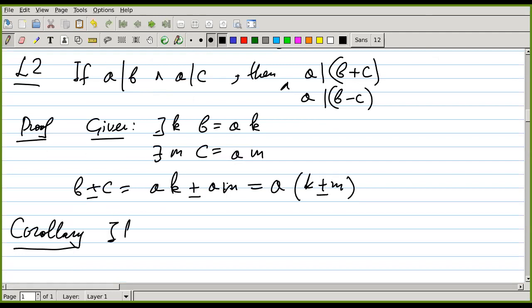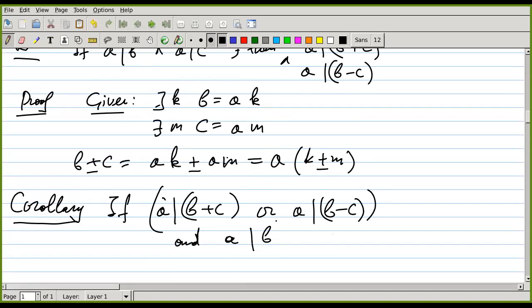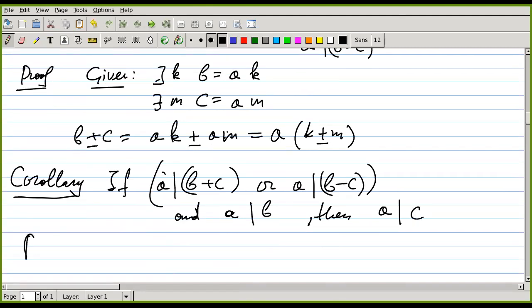If a divides a sum, or divides a difference, and a divides the first summand or the second one, doesn't matter in fact, then a divides the other summand. Is this idea clear? Yes.